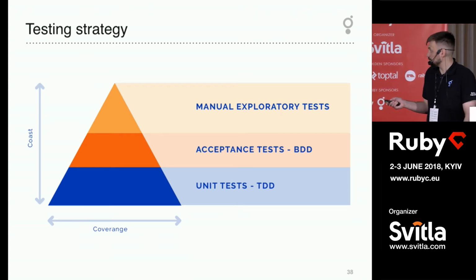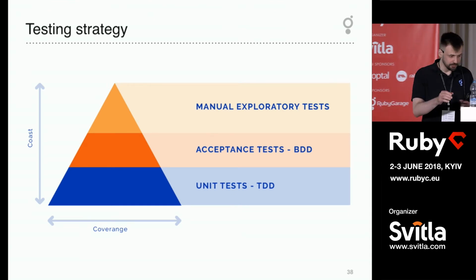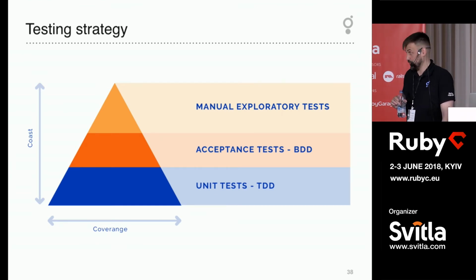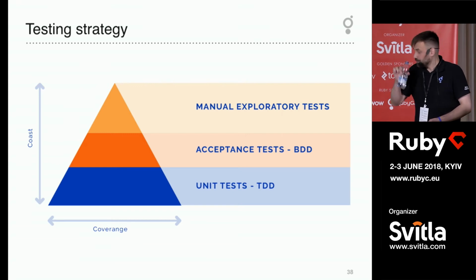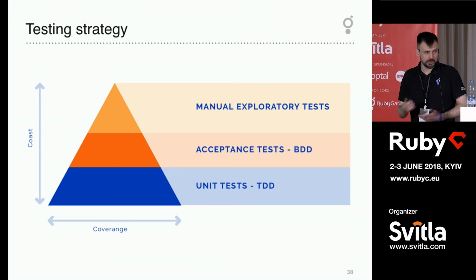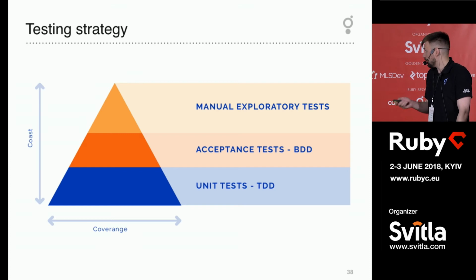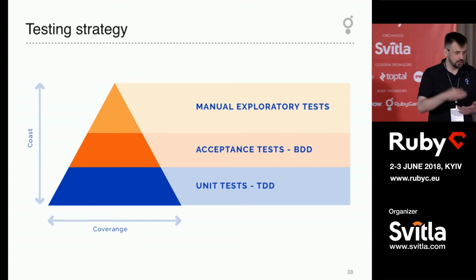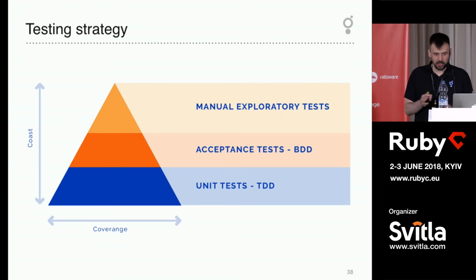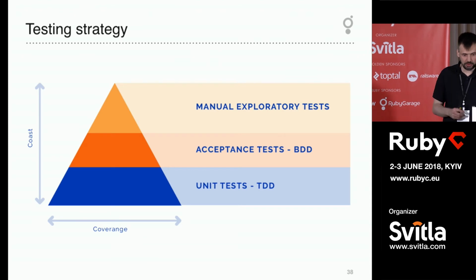The main approach is to cover everything with unit tests more than other types of tests, because these tests run very fast and it's very cheap to create, remove, and change. Acceptance tests need to work with the whole application and connect some kind of browser emulator, and manual tests are just human resources.